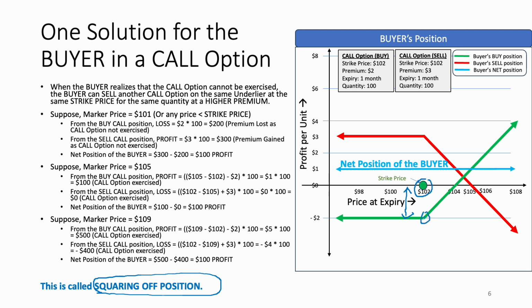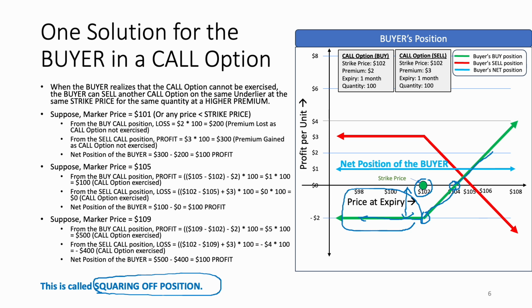If the stock rises, he reaches a point which is the break-even point, that is here. And beyond that, if it rises, he has a profit. As much as it rises, so much amount of profit the buyer will have. However, if the price falls below the strike price, the buyer will suffer a loss. So this is the area which we want to protect the buyer from. We want to either minimize it or we want to make a profit in this area as well.